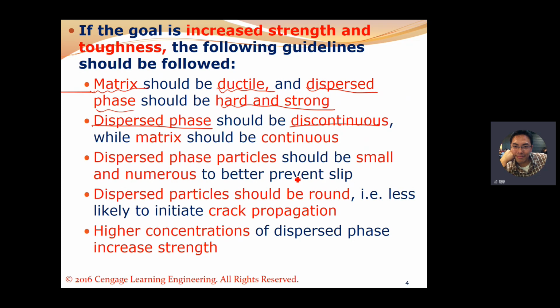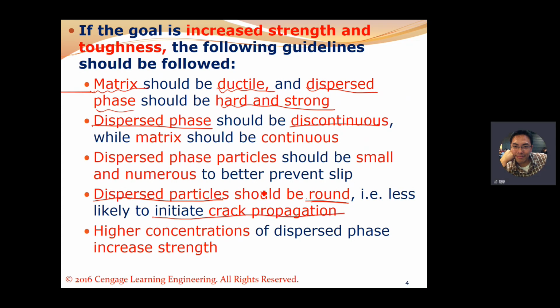Therefore, the dispersed particles are hard and strong, small and numerous, so they can prevent the slip process. That means they can act as a barrier for dislocations. Those dispersed particles should also be rounded, which is less likely to initiate crack propagation.